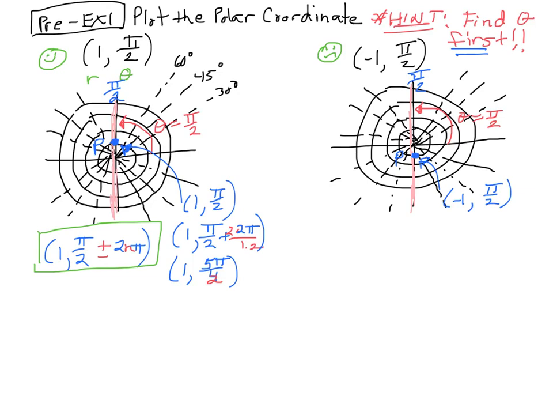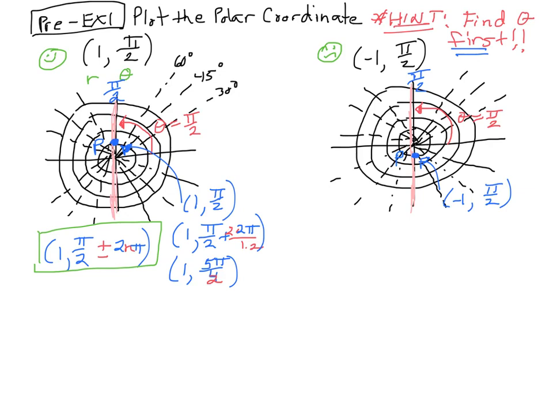So then my next question is, how can I represent all the possibilities for this point? Because that's not the only possibility. Can't we do the same thing we did over here? If I'm from this point, once I go from here, shoot through here, can I just do full revolutions around and keep getting the same point? True or false? True. Or I could subtract full revolutions and get the same point.